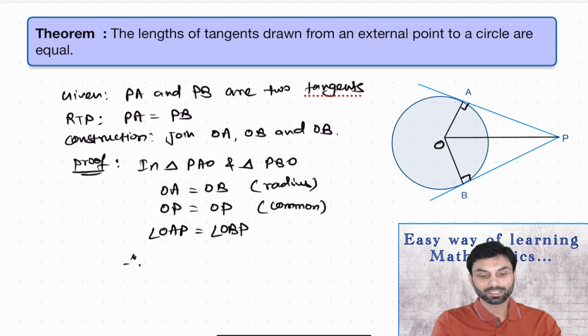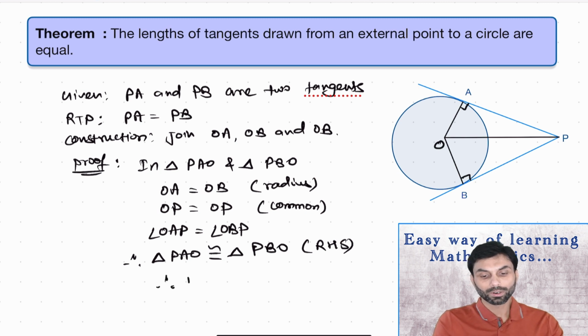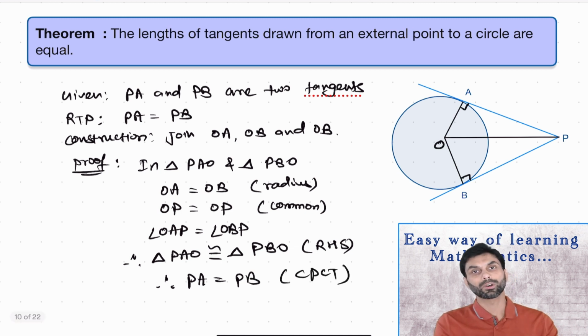So therefore we can say triangle PAO is congruent to triangle PBO by RHS criteria, and so we can say that PA equals PB by CPCT. That means corresponding parts of congruent triangles. And this is how we can get this result using congruency concept.